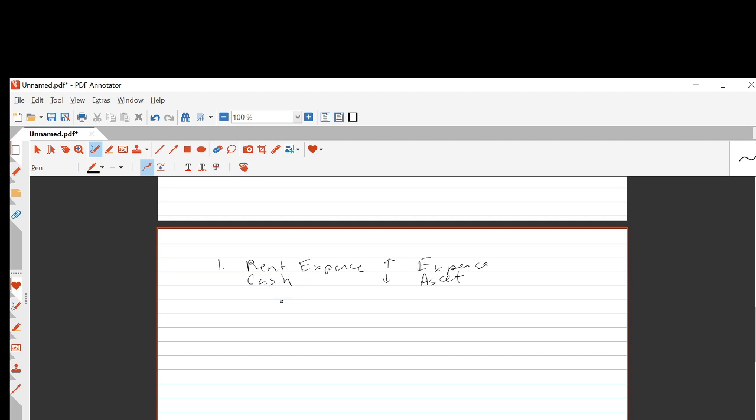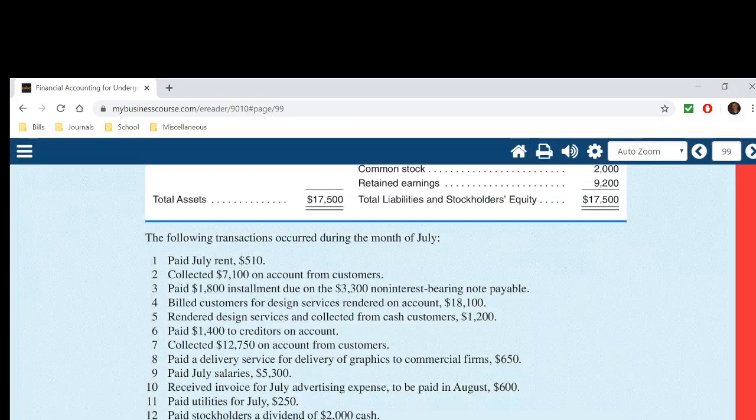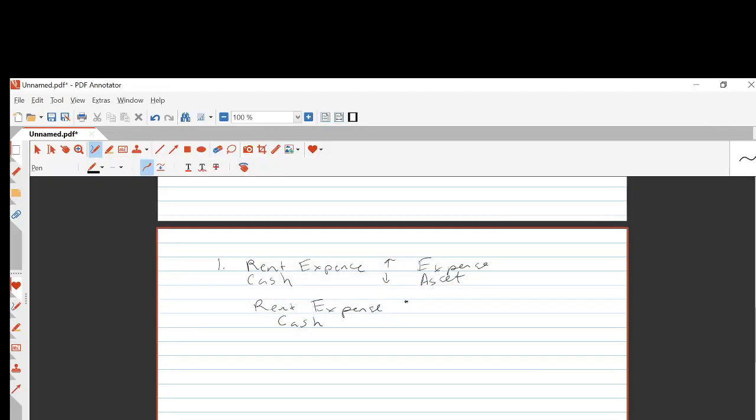So dividends, expenses, and assets are increased with debits, decreased with credits. We want rent expense to go up, so we're going to have to debit rent expense. We want cash to go down. We're going to have to credit cash. And the amount is $510. So there's the first journal entry.